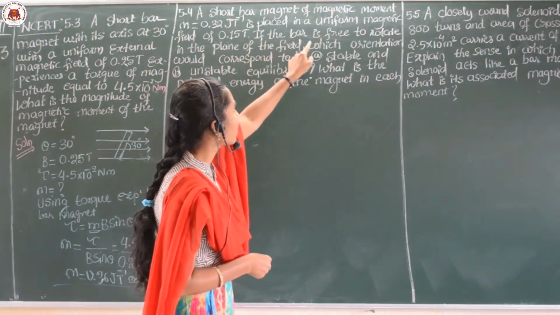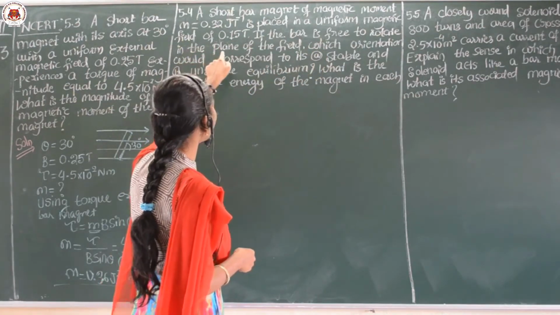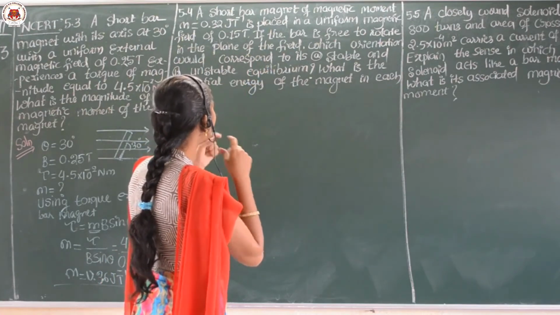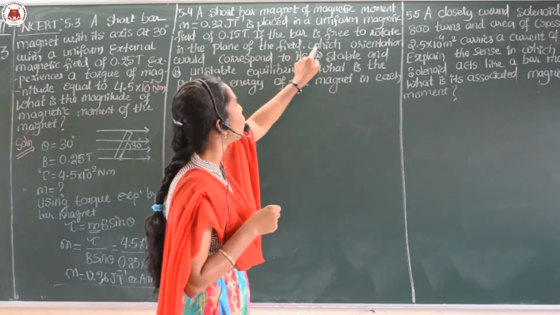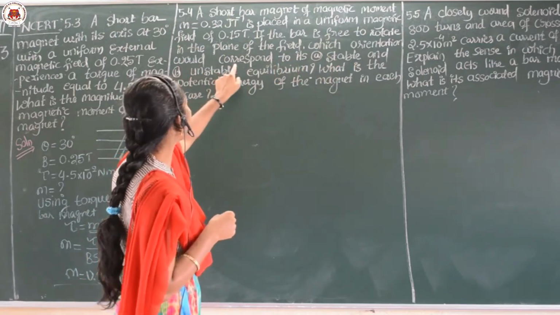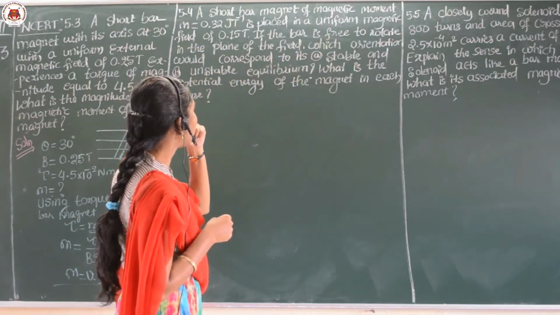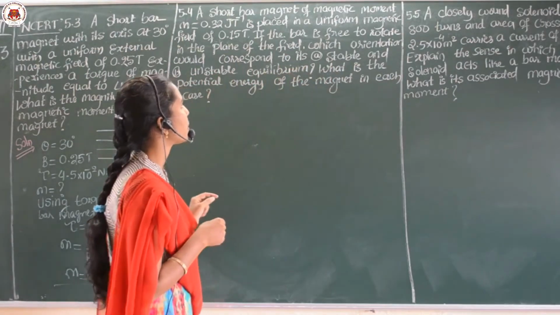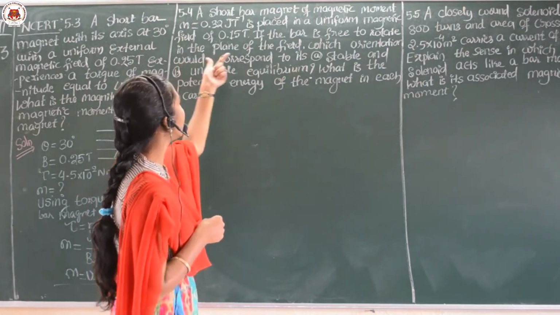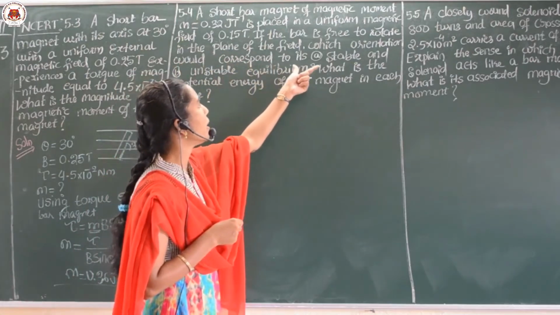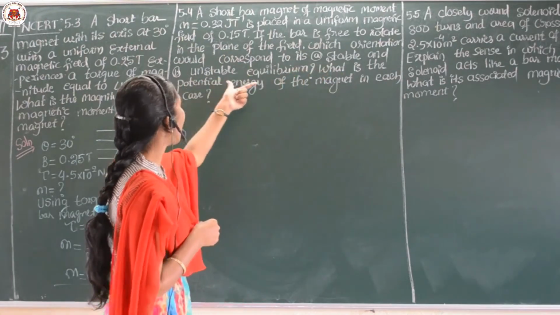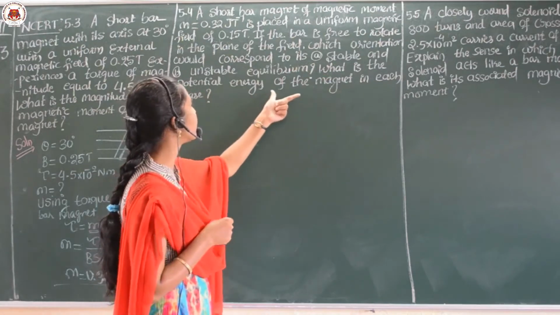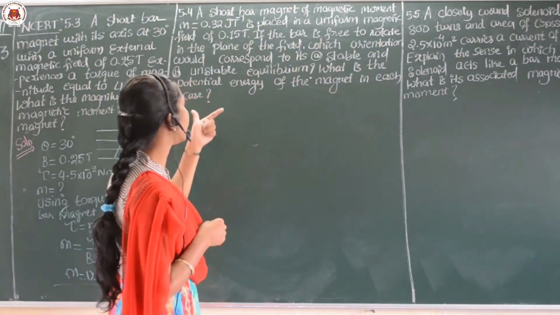If the bar is free to rotate in the plane of the field, which orientation would correspond to its stable and unstable equilibrium? What is the potential energy of the magnet in each case?